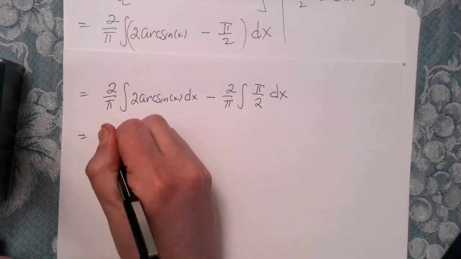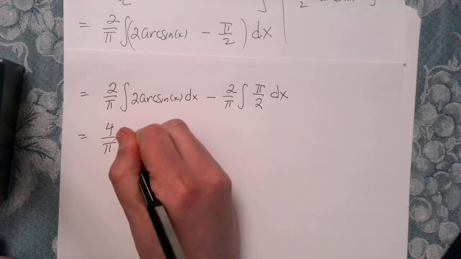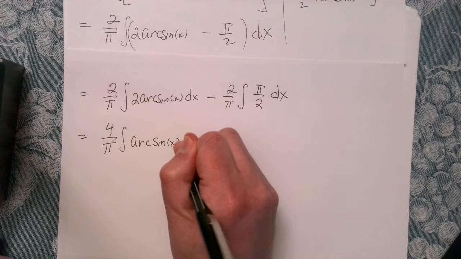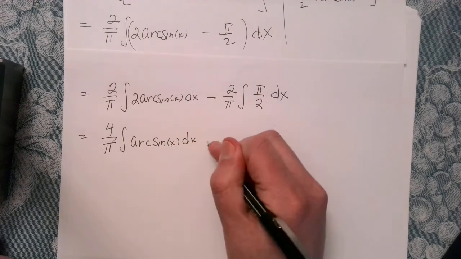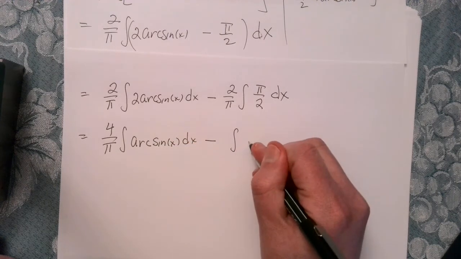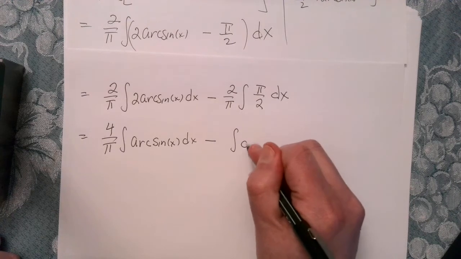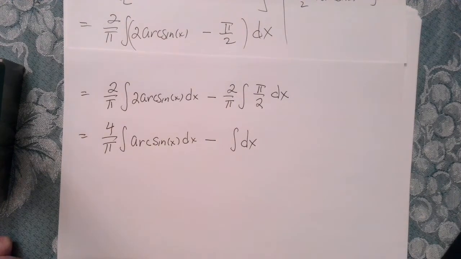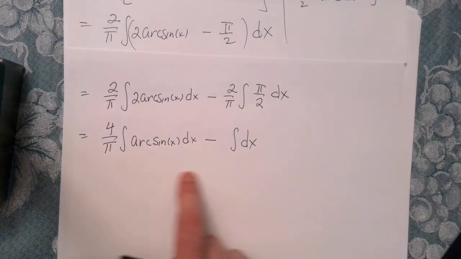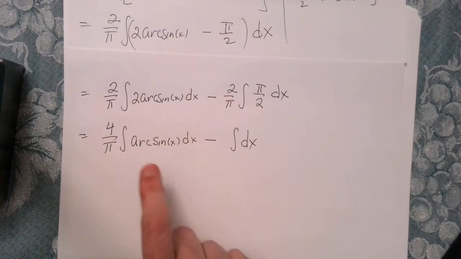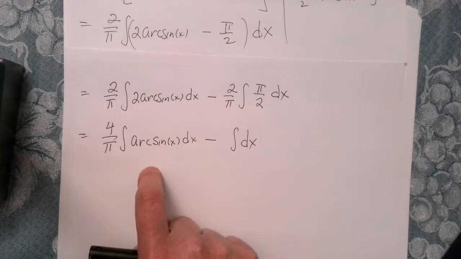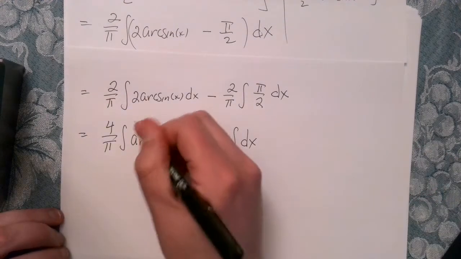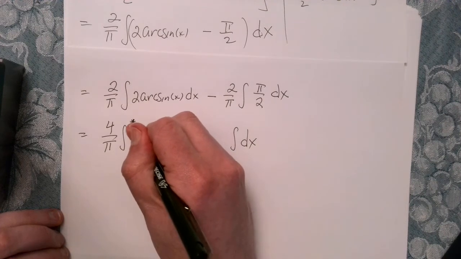And so that becomes 4 over pi times the integral of arc sine of x dx minus the integral of 1 dx. So this is fine. This is not an issue. And this is actually a classic problem from Calculus 2, and we can solve this using integration by parts. Okay, so maybe I'll star this.